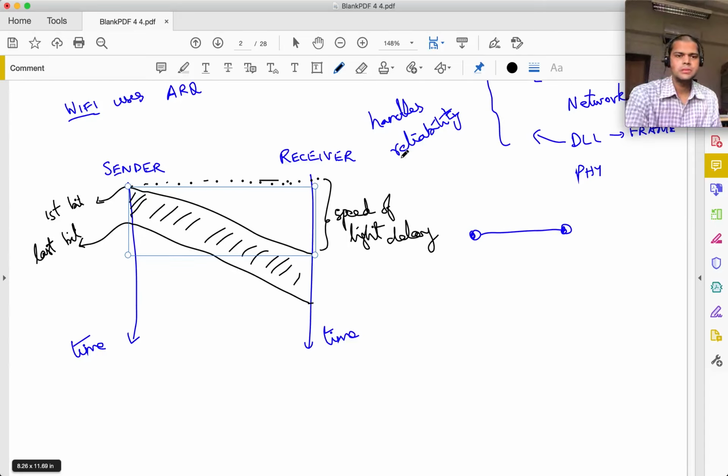But suppose you don't have any information from the physical layer. We are dealing at the DLL layer, so I just care about bits. I've sent out a set of bits and I want to know whether the other end has received it or not. So what do I do?